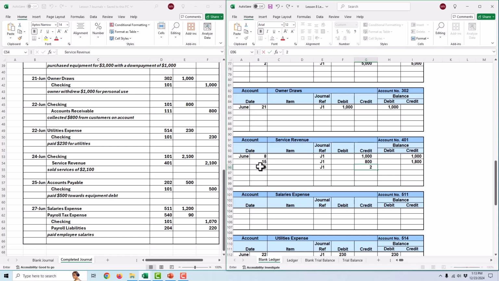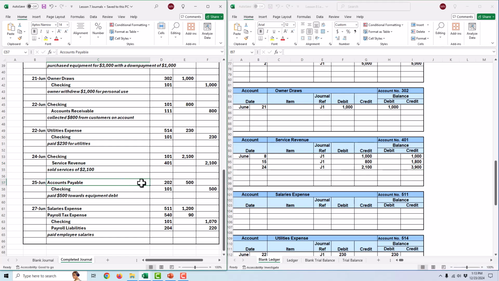It was a $2,100 credit to revenue. There was already $1,800 in this account as a credit. Two credits add together. $1,800 plus $2,100 is $3,900 as a credit. And then the next one was a debit to accounts payable, credit to checking.